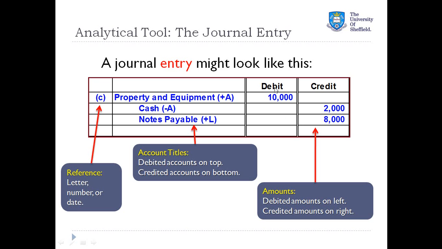And we have the debit and the credit, and it goes always like this. We have a debit on the left and the credit on the right. So we have 10,000 as a debit, and 2,000 for cash and 8,000 for notes payable that are being increased. So we have a debit of 10,000 and the credit for 2,000 and 8,000. If you add them up, you will see that we have 10,000 as debit and 10,000 as credit.